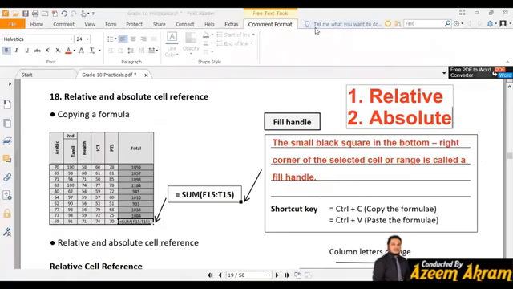Which one gets changed? Which one will not change? Absolute won't change. Relative is changing. Exactly. This is a very clear point we need to remember. Relative always changes. So we just take this as 2 points.